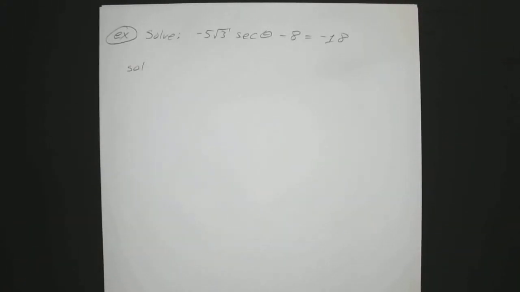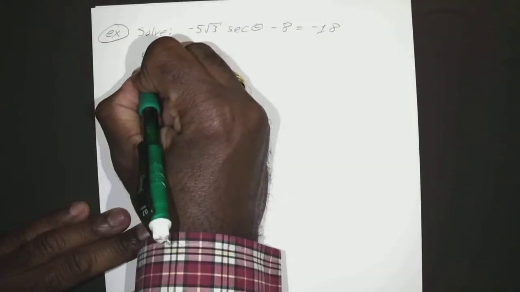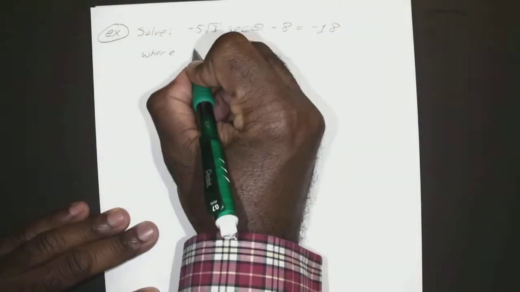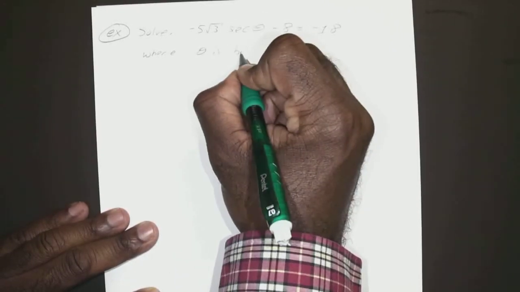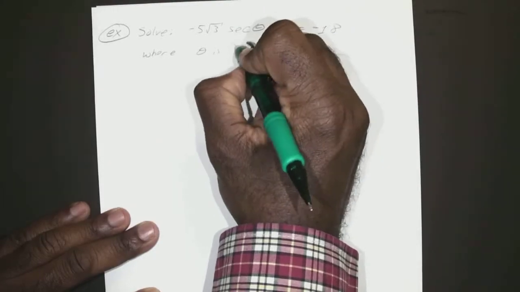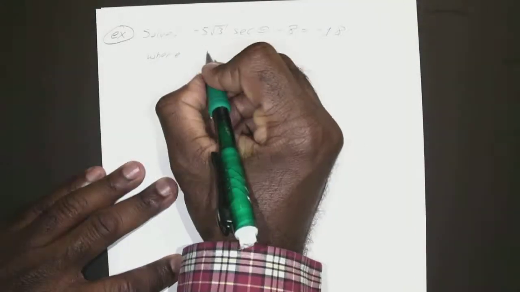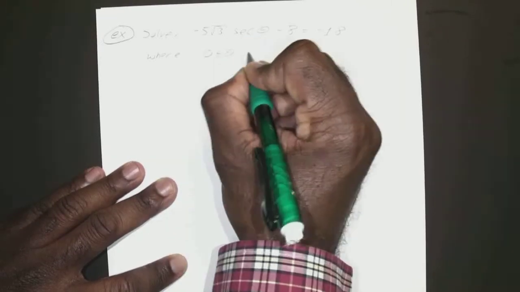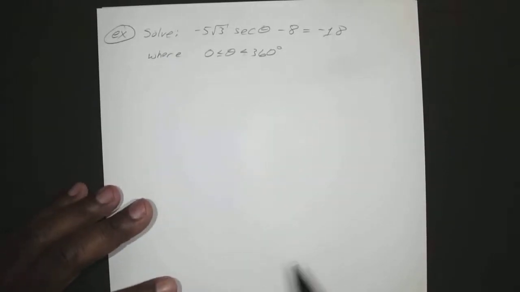Oops, forgot to put the domain for it. Where theta is in the interval, actually I'll just write it out the way it's been written out already. (0°, 360°).